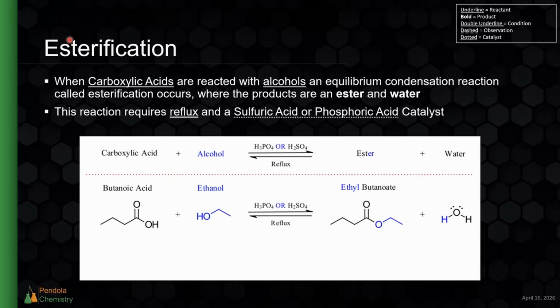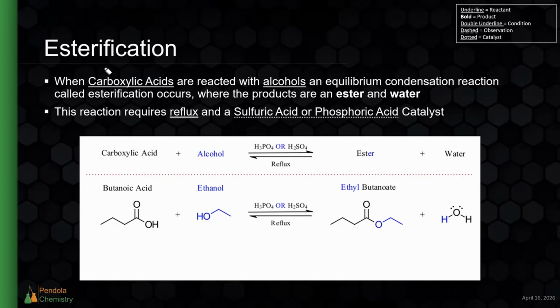Now the next reaction is an interesting one because unlike most of the reactions that we see in the AS chemistry curriculum, this is the reaction between two functional groups in organic chemistry. So instead of our alcohols reacting with something inorganic, like the sodium metal or hydrogen chloride gas, in this reaction, which we call esterification, two functional groups react with each other into organic compounds.